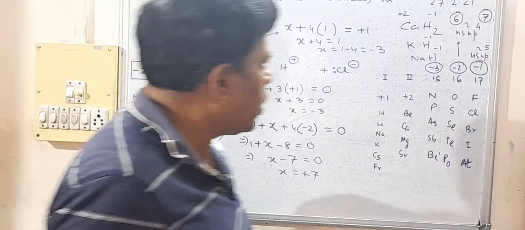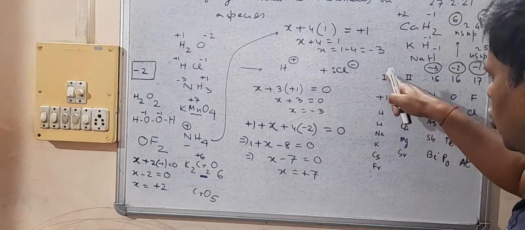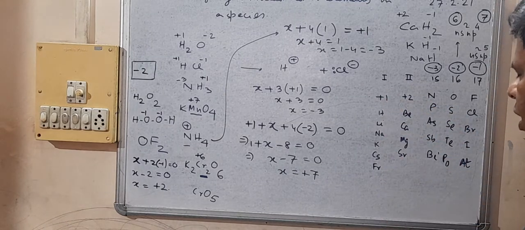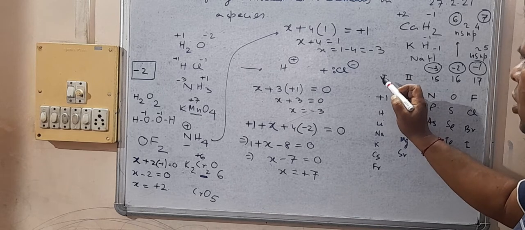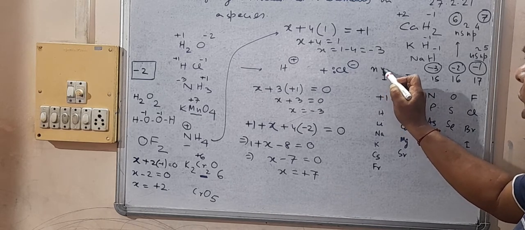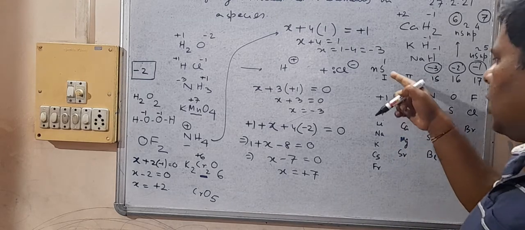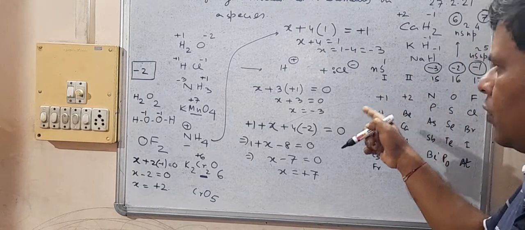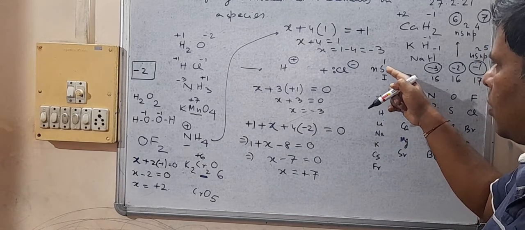One very important thing, let me tell you, is group oxidation state. What is group oxidation state? Suppose group 1 elements, they have a general electronic configuration of ns1. They have one electron in the outermost shell.